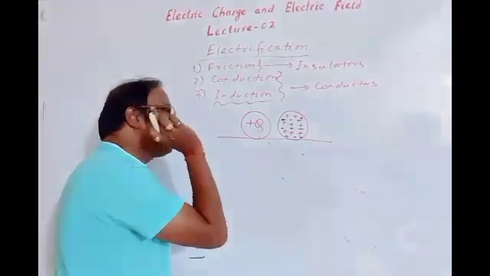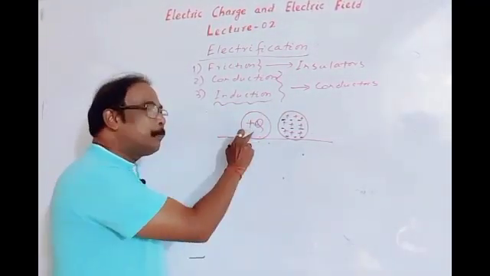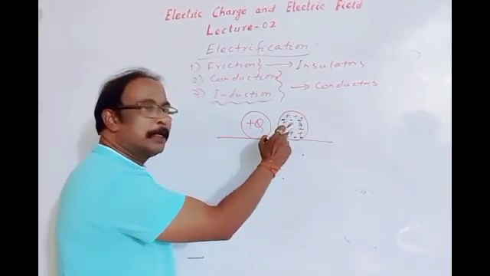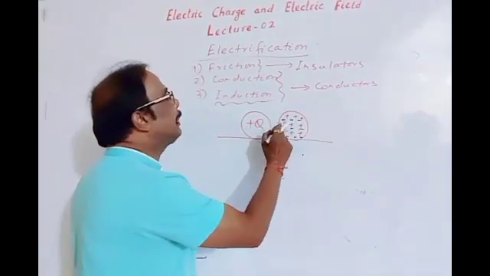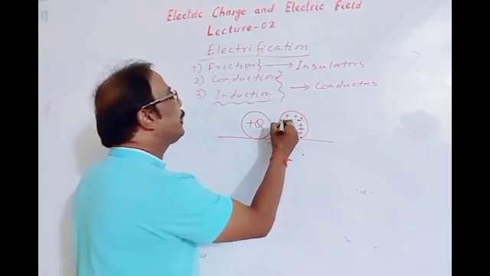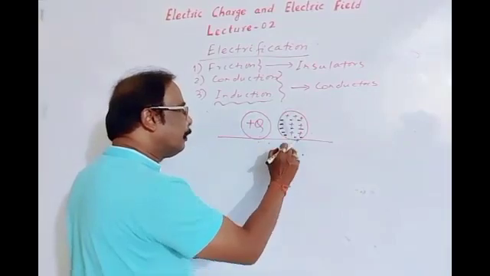When a charged body is kept near an uncharged body, what will happen? If this body is positive, obviously it will attract the electrons present in this body. So those electrons, I am erasing this part, will get attracted by this positive charge and will appear at the near end.